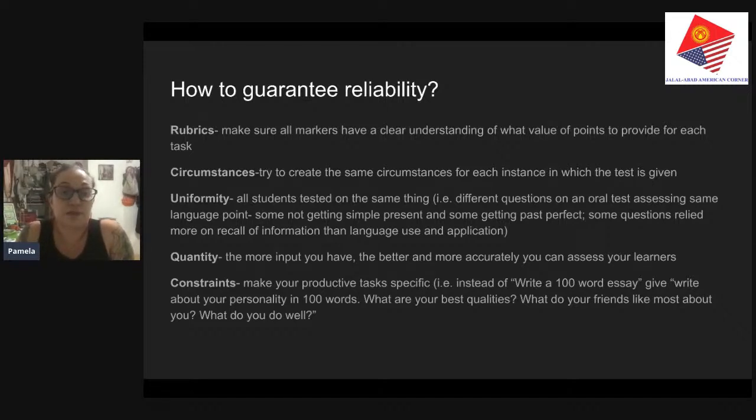Circumstances. So for example, you don't want to give one class a test on Sunday morning at 6 a.m. They have to come to the school on a day off, and it's very early, and have everybody come in at once, and there's a very crowded classroom, and it's very noisy, and also there's construction going on.